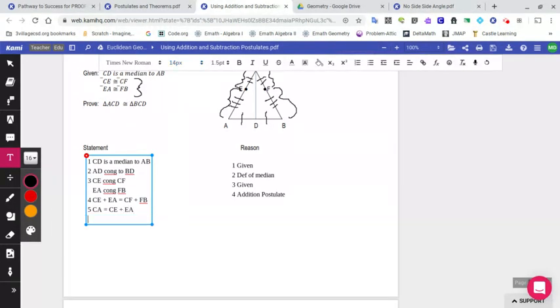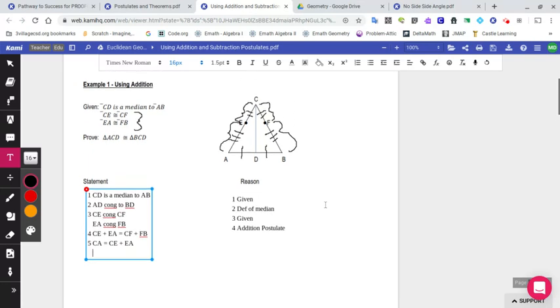And I'm also going to write on the other side, again, I can combine the two. They're similar statements and they have the same reason. So I can write that CB equals CF plus FB.